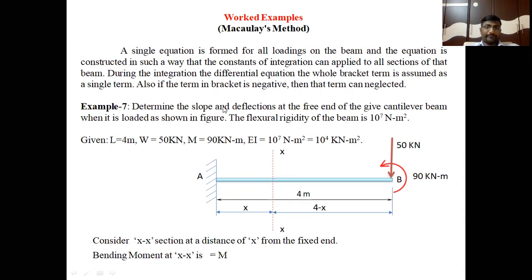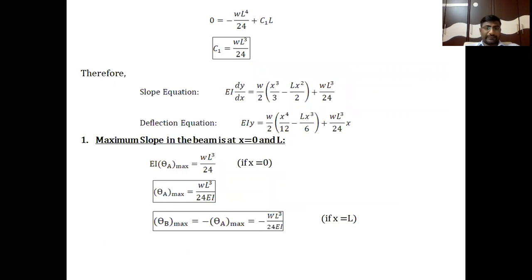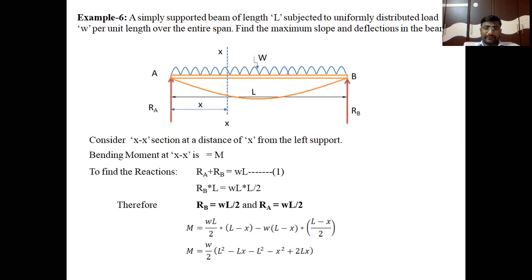Also, if the term in the bracket is negative when we substitute, whether in boundary conditions or otherwise, it can be neglected. That bracket term can be neglected in the Macaulay method. If this equation is there, here (L minus x) is there. If you substitute L in place of x, it is 0, isn't it?